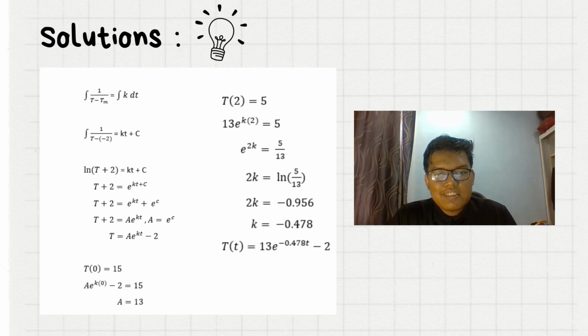So T0 is 15, so we put into the formula A e^(k0) minus 2 equals 15, and we get A is 17.